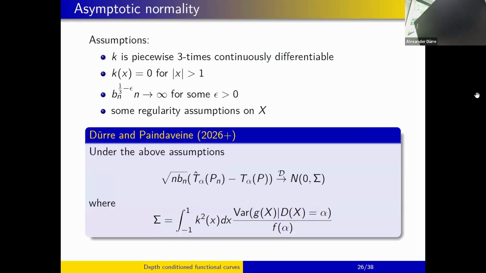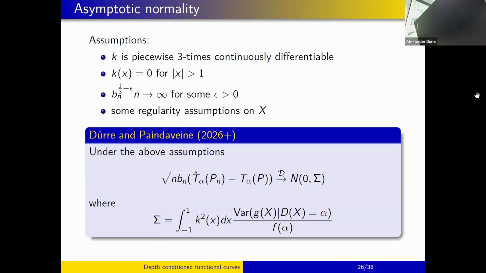You also want to have asymptotic normality. If you have asymptotic normality, you can express the variability of your estimation, your uncertainty of your estimation. And there we have also a nice result that pointwise, for every fixed alpha, we converge against the normal distribution. And the limiting variance in the normal distribution is extremely easy.